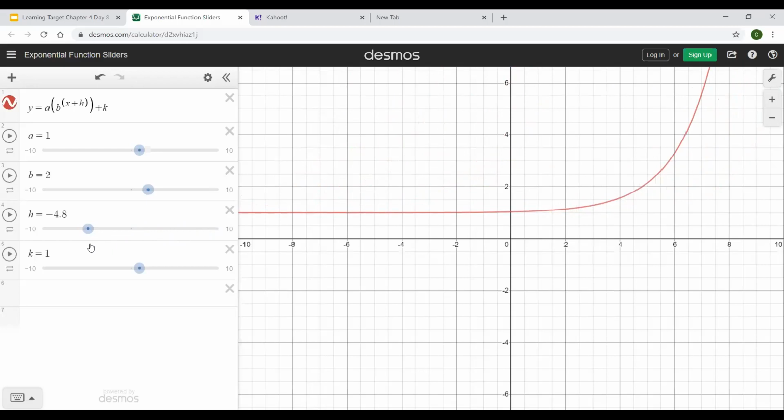So what do you think h represents? What's happening? Is it shifting left or right, up or down? Horizontal. So h means horizontal shift in the opposing direction.